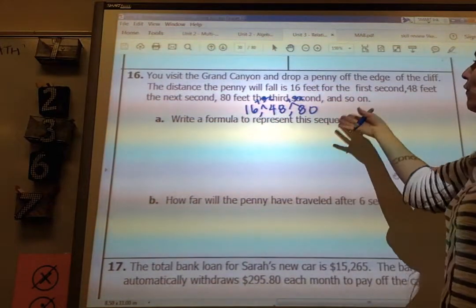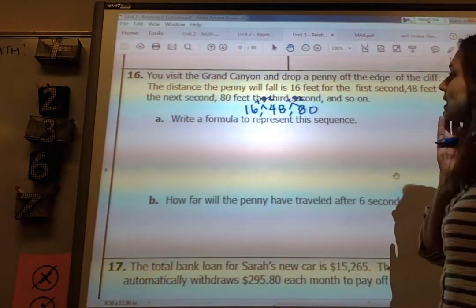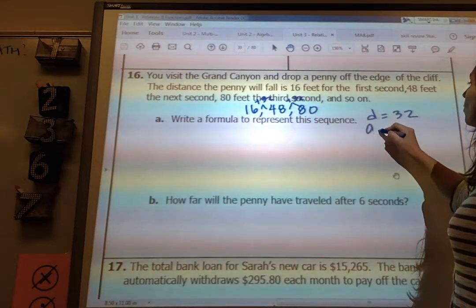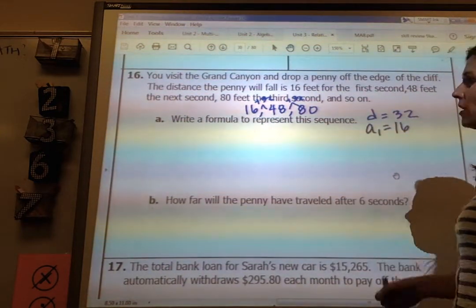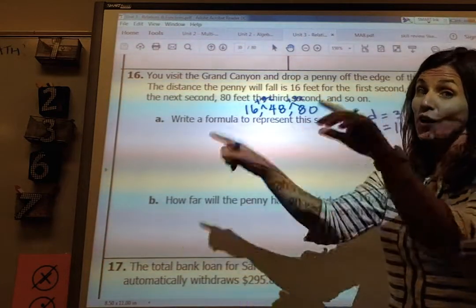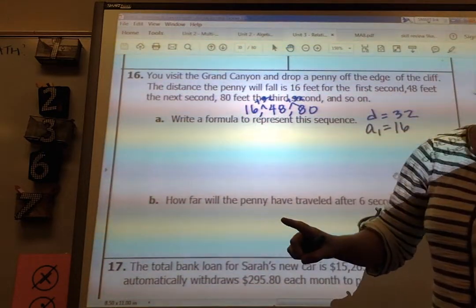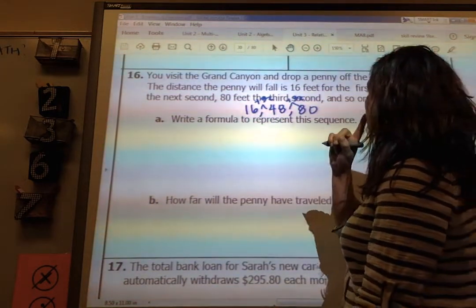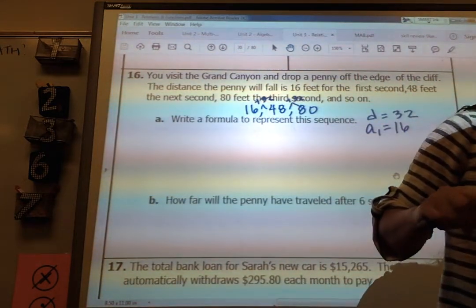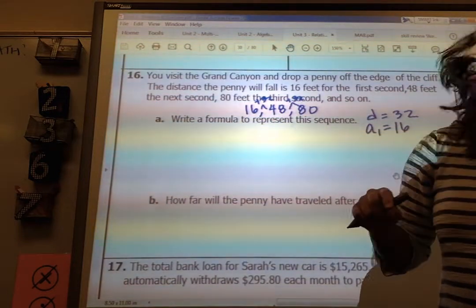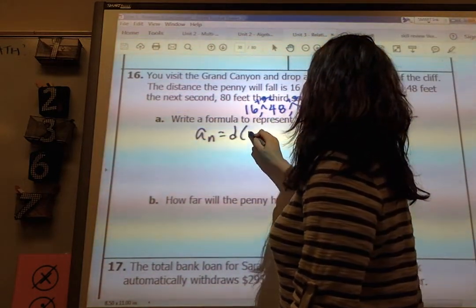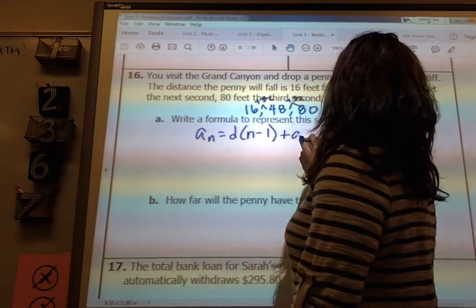So now, if I want to write a formula to represent this sequence, my common difference is 32. The first term in the sequence is 16. So now I'm going to write my formula correctly. I don't want to screw up my formula. Yeah, it is n minus 1. Okay, so my formula is d times n minus 1 plus a1.